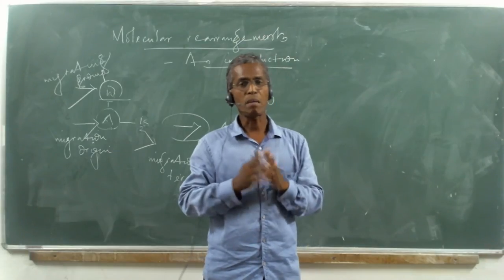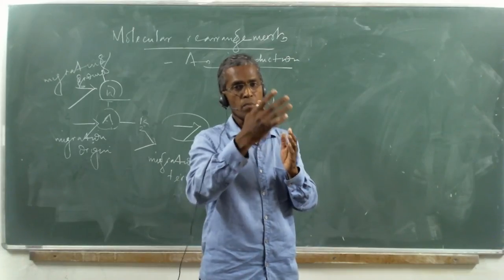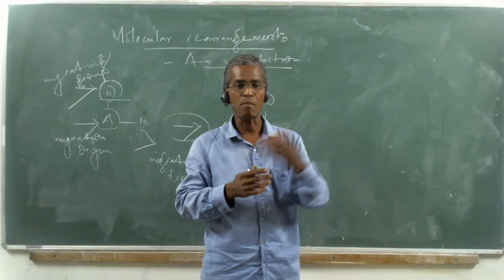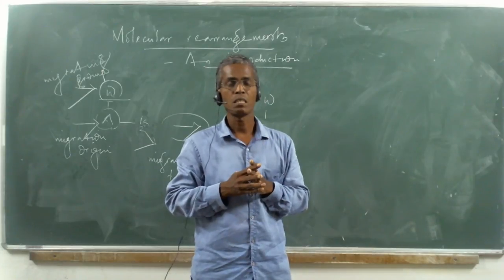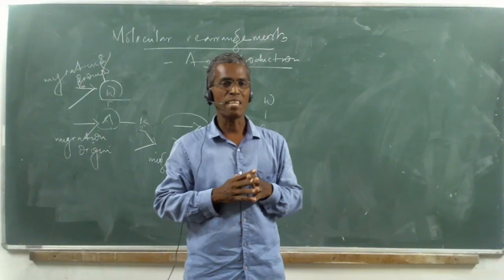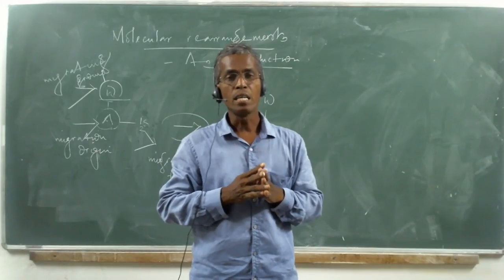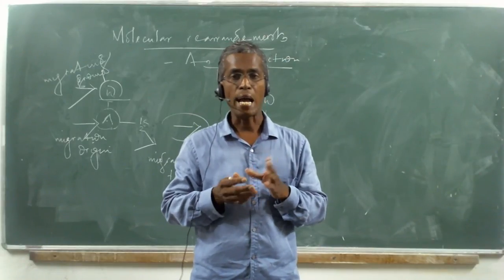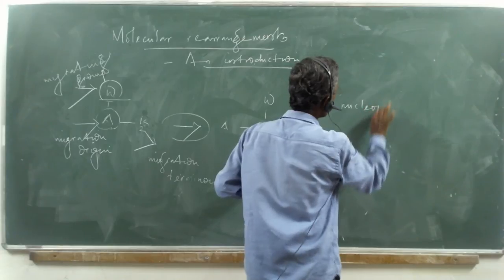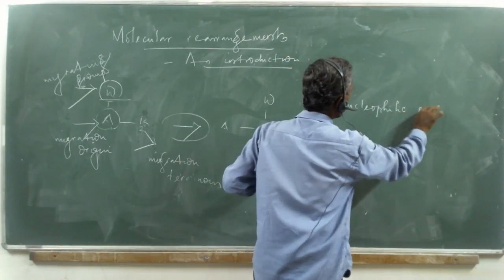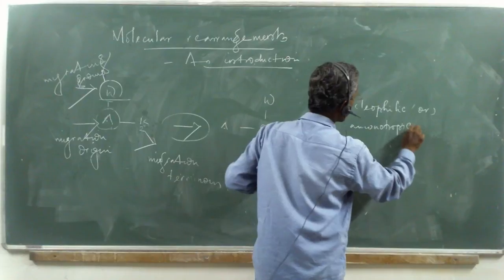If the migrating group moves from 1 to 2, or from 1 to some other atom far away from position number 2, with a pair of electrons, this reaction is called nucleophilic rearrangement or anionotropic rearrangement.